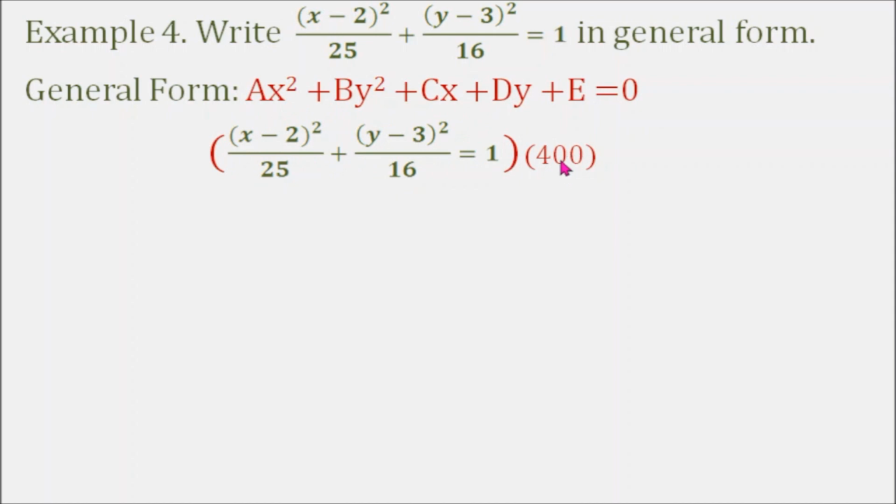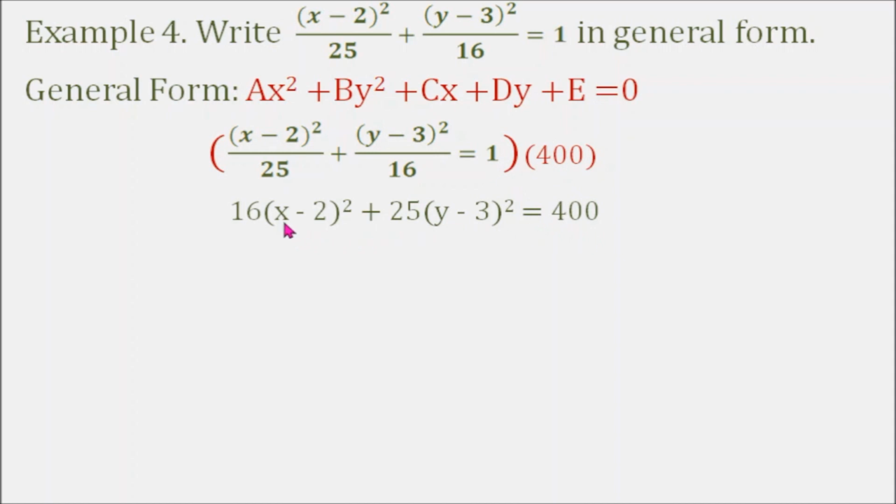So 400 times the quantity x minus 2 squared over 25 is 16 times the quantity x minus 2 squared. Plus, when you multiply 400 times the quantity y minus 3 squared over 16, we have 25 times the quantity y minus 3 squared. And then 400 times 1 is 400.